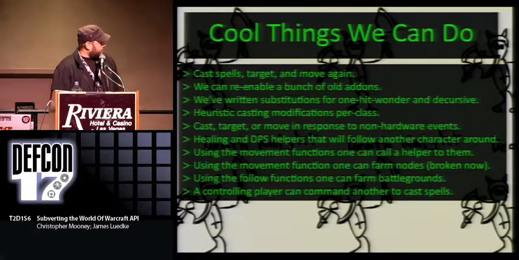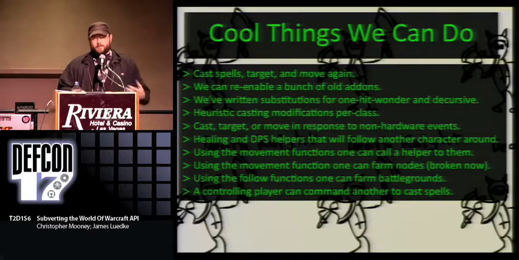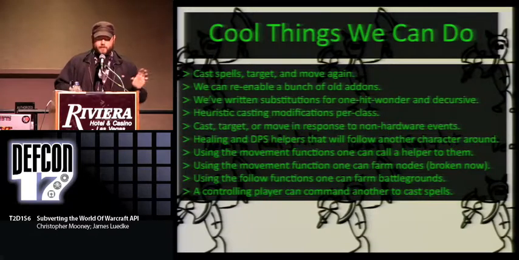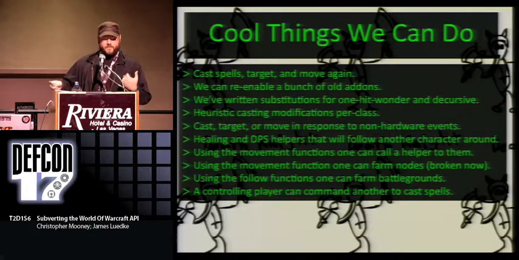This is fun. James primarily wrote the code that does this, but a controlling player now can, remember that they let you multi-box, so you can have 5 or whatever things following you around casting the same spells. Well, our code really lets that happen, so it's class diverse now. You can have a whole team of healers and tanks and all this other stuff.